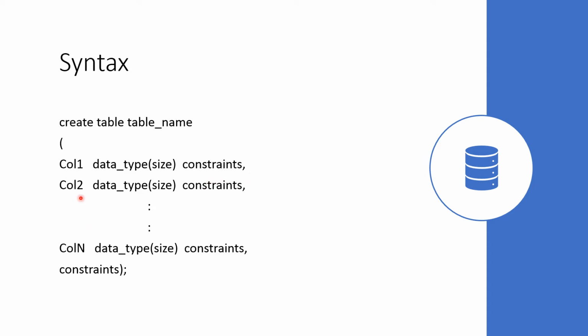So likewise you can create n number of columns and finally you can write these constraints. So you can see here constraints you can write while table column creation, as well as you can create the constraints once all the columns are created. So these constraints are called column level constraints and this is called table level constraints.